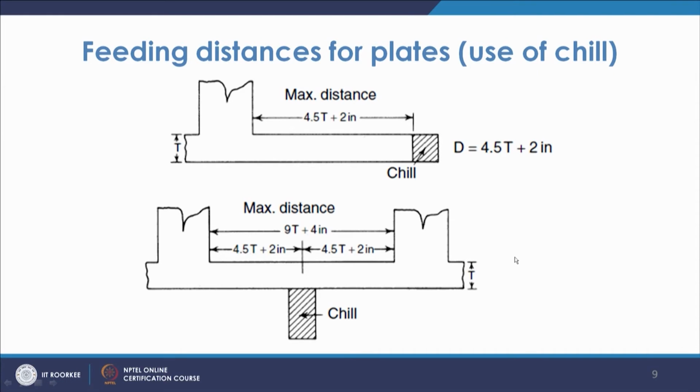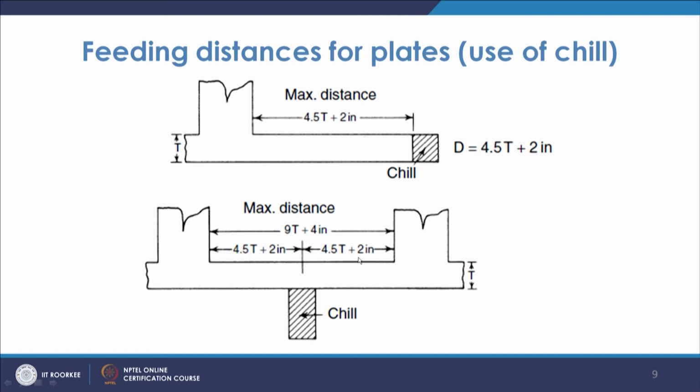Similarly, for plates when you use a chill, you will have an extra contribution by the chill, given as 2 inch. So 4.5 T was earlier, and now you have the chill at 2 inch. If you place two risers, you see 4.5 T on this side and this side, and 2 inch on both because of the chill.